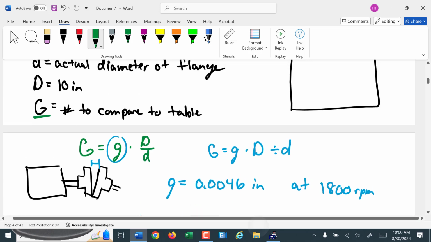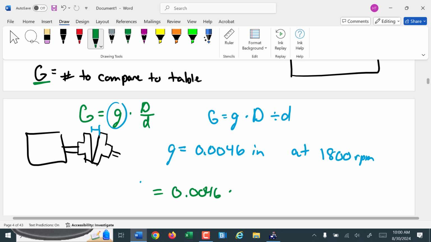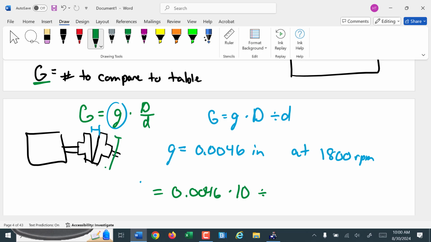So first thing we have to do is calculate our big G. So we put in the 0.0046 for little g times what goes in for big D? Always 10, just because that's what the table is. If you had a table that was listed for a different size flange, you'd use whatever size the table is listing.